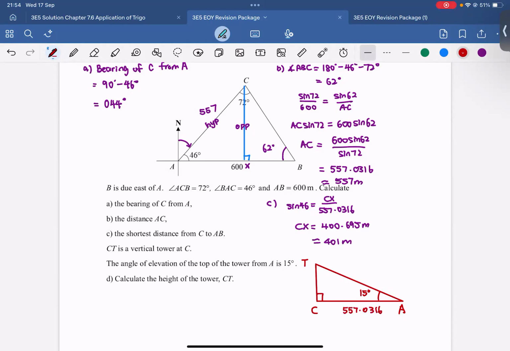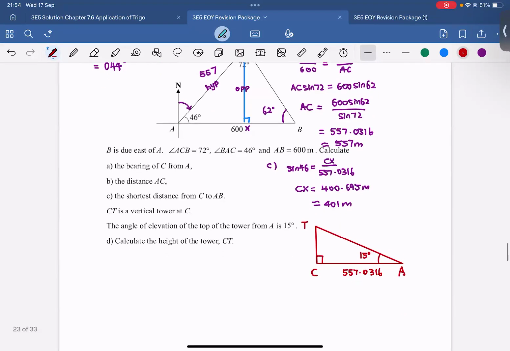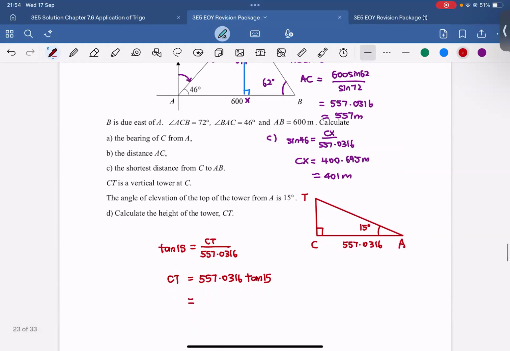So how to find the height of the tower CT? We use trigonometry lah. So tangent 15 equals to opposite over adjacent. So CT equals to 149.256, approximately 149 meter.